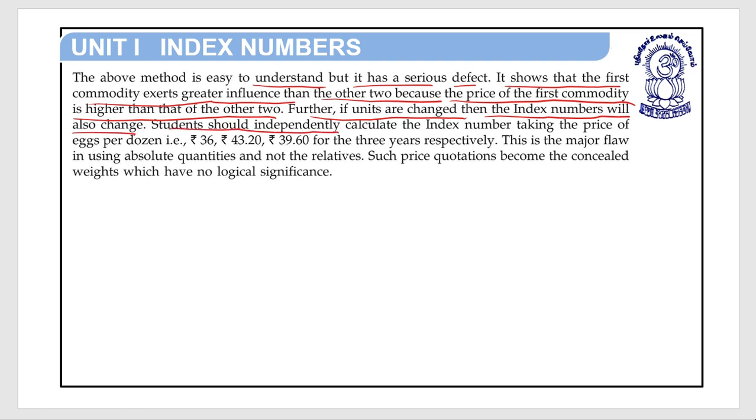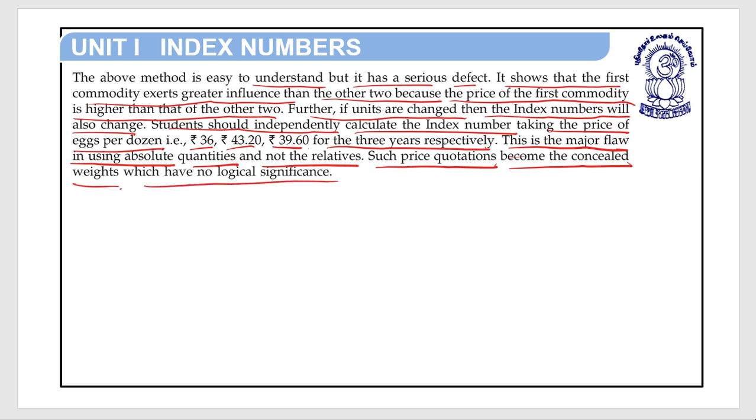Students should independently calculate the index number, taking the price of X per dozen as rupees 36, rupees 43.20, rupees 39.60 for the 3 years respectively. This is the major flaw in using absolute quantities and not the relatives. Such price quotations become concealed weights which have no logical significance.